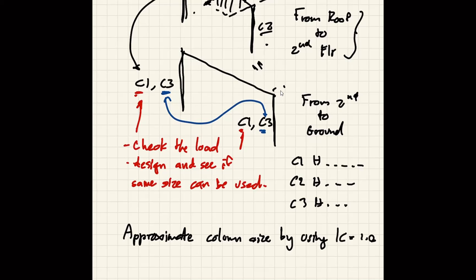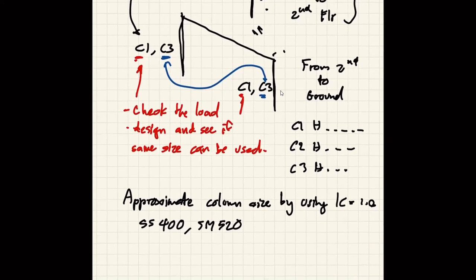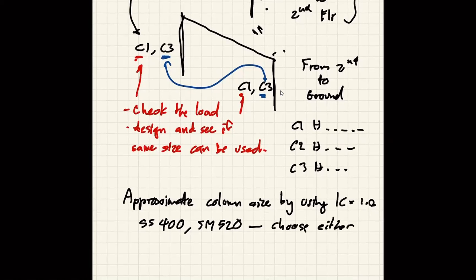I don't remember if I have ever mentioned what steel you should use. So I think you are free to use SS400 or SM500. It's entirely up to you, you can choose either of them. But use only one.